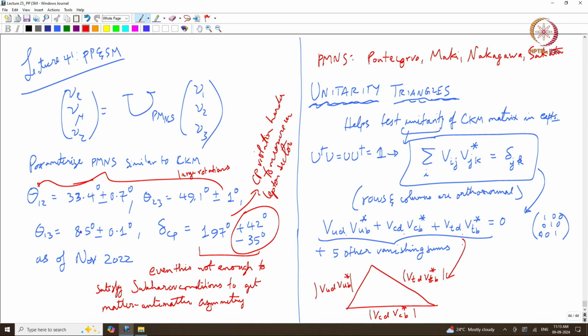That is exactly what this is on the Argand plane. Okay. So, this is what we mean by a unitarity triangle. There are 6 unitarity triangles as we just saw, because there are 6 different sums, correct? Okay. Now, why is this important?